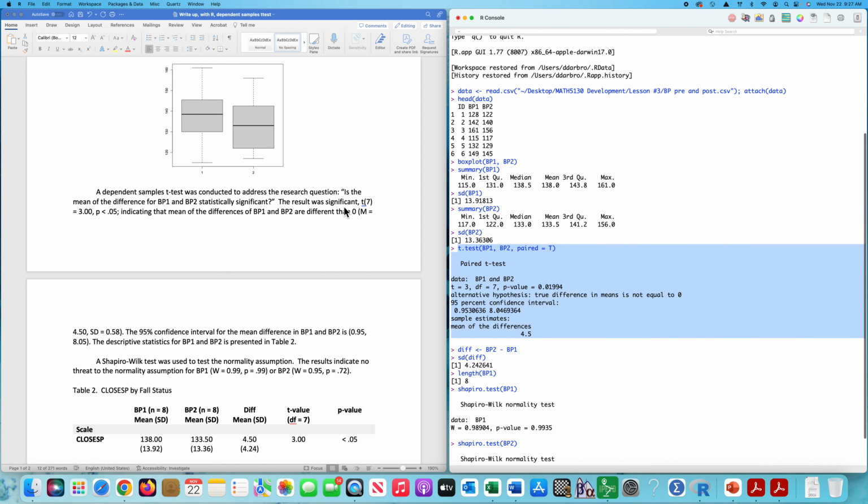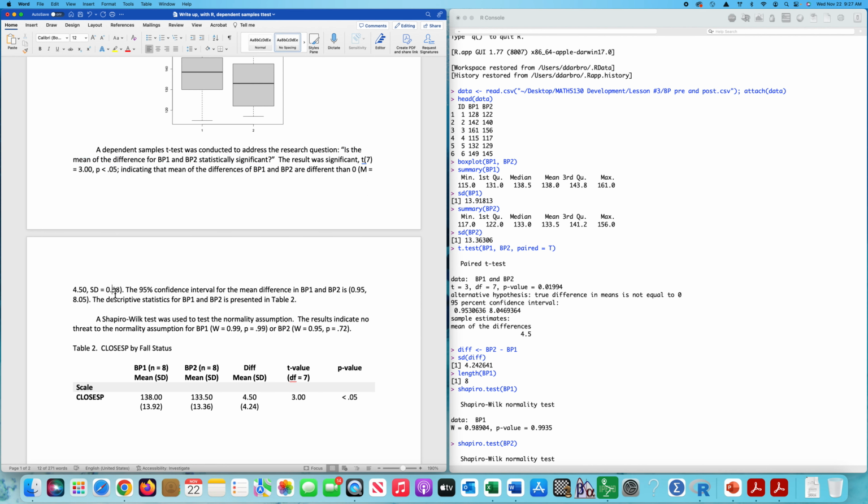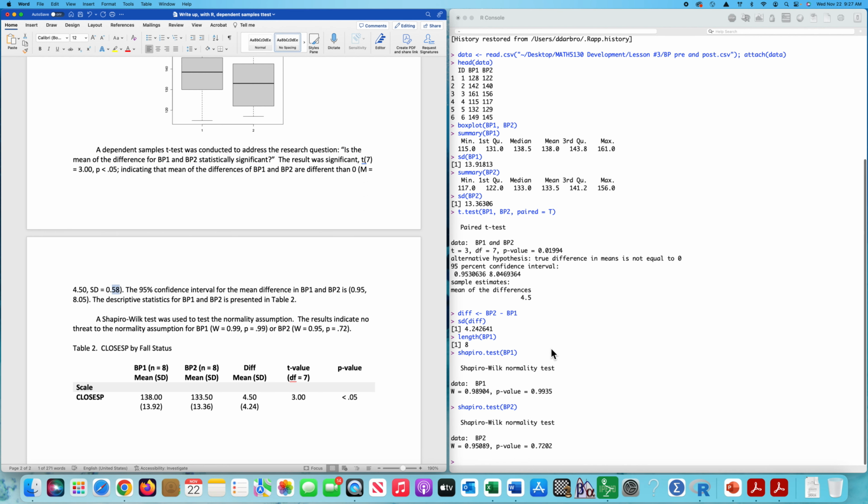Next thing I do is calculate the mean of the differences, which is given right here, 4.5. And then I have to calculate the standard deviation of the differences, so I have to create those. So I created a new variable called diff, differences, BP2 minus BP1. I took the standard deviation of this and got 4.24.